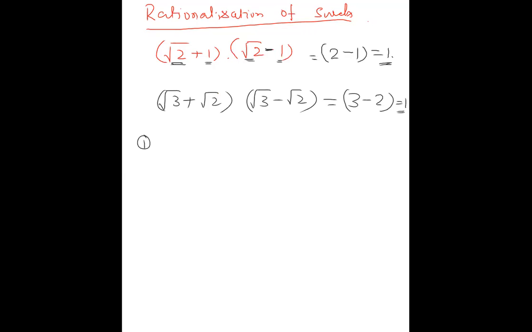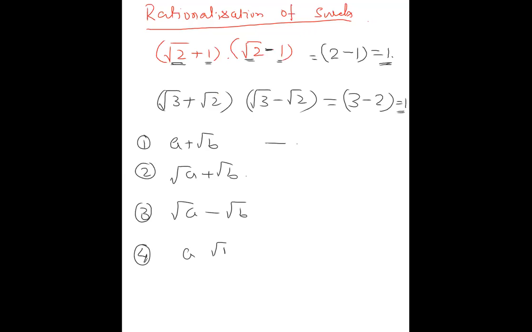मीन्स फर्स्ट, अगर मेरे पास गिवन है a plus √b, rationalizing factor क्या होगा वो बताता हूँ. If it is given, second √a plus √b, third √a minus √b, fourth a minus √b.